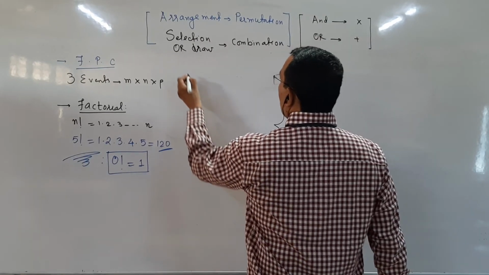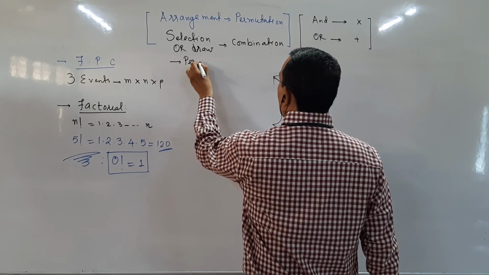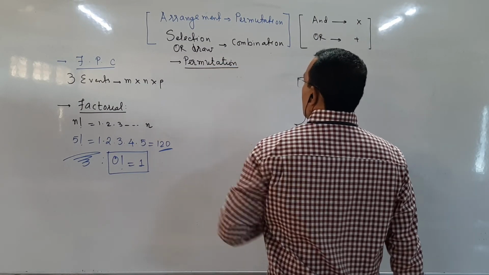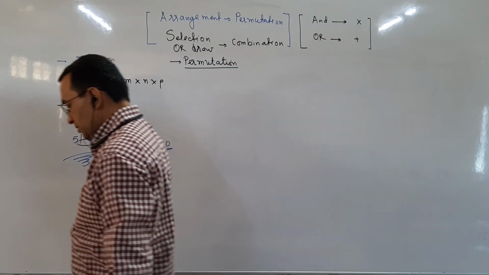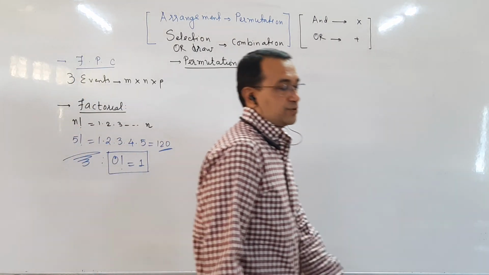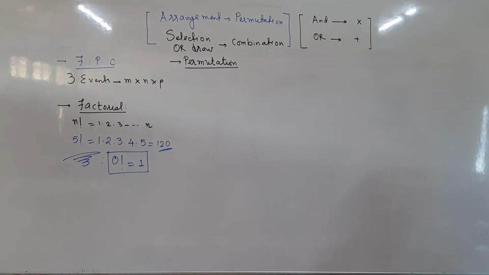The next important concept was permutation. What is the definition of permutation? The total ordered arrangements of r items or things out of given total n items are called permutations of r things, items or objects, whatever it is given.